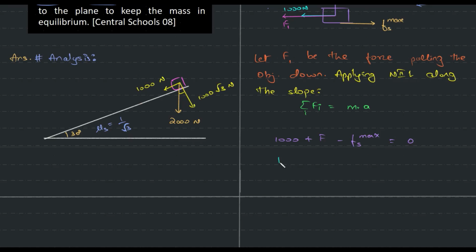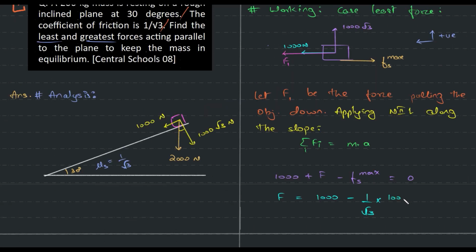So a bit of rearrangement, your force will be 1000 minus Fs max, which is 1 by root 3 times the normal force, which is 1000 root 3. So this and this get cancelled, and this is 0 Newton.